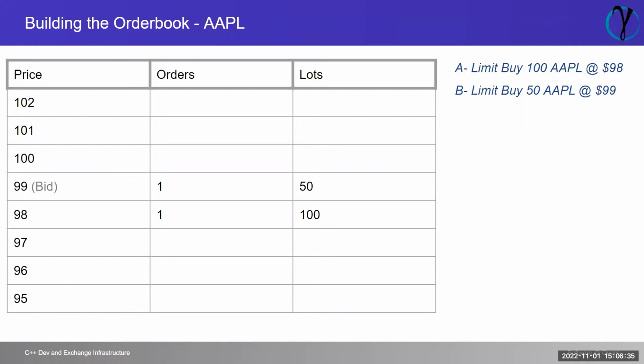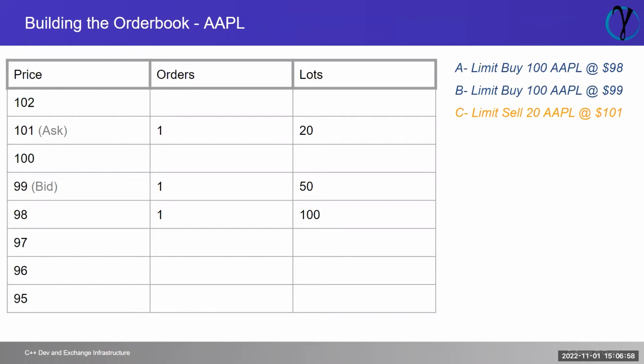If you see now, the parentheses with the bid actually shows the best bid, right? Both of these are bids, but 99 is the best bid because it's the highest one. If you were to sell Apple, you would want to trade against the best bid, right? And it's 50 shares for 1 order. Cool? All right, for market participant B.